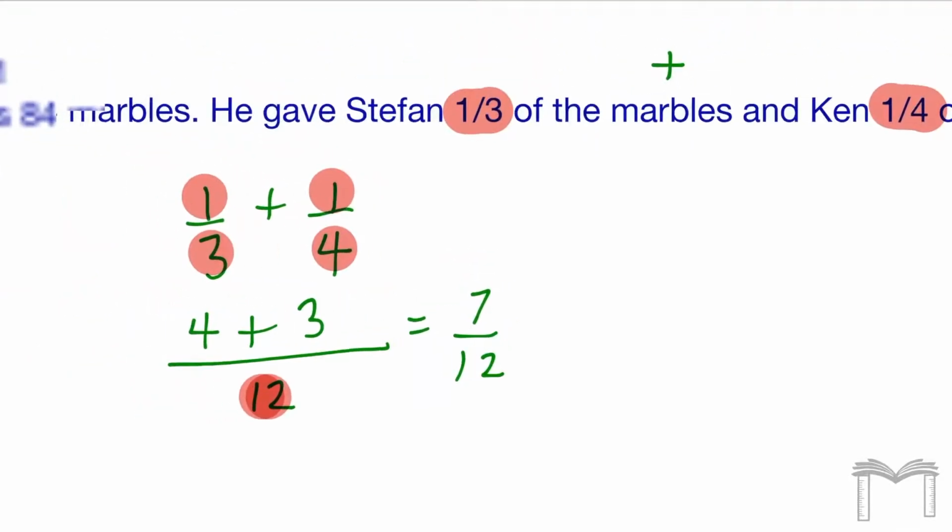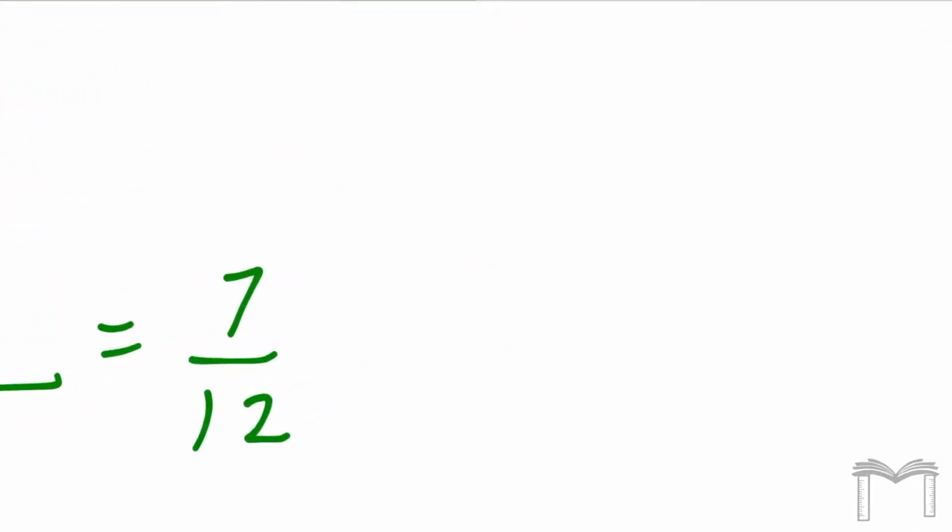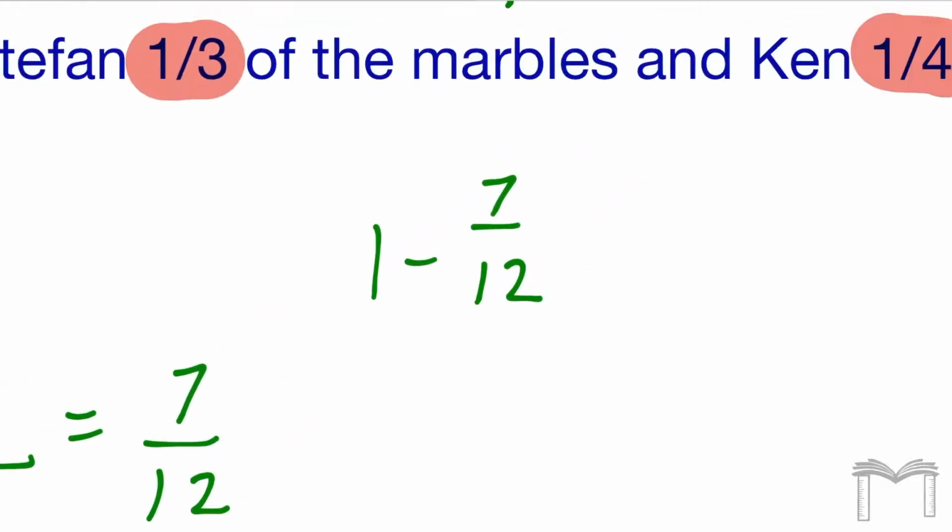So what fraction does Danny remain with? 1 whole, take away 7/12. A whole is used for whatever amount, it doesn't matter the quantity. Whatever quantity it is, we refer to that as the whole or 1. So we're going to take away the fraction that is given away from the whole, which is 1.